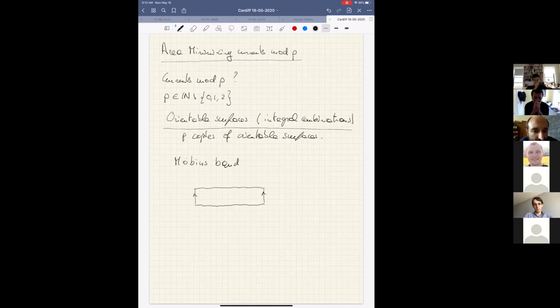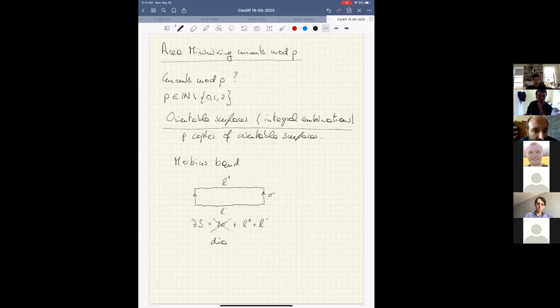So when I do that, I can give an orientation to my strip, and then the boundary of the surface is going to be twice this segment here, plus something else, which is going to be the union of this line and this line. And then mod 2, I'm just thinking that this boundary does not exist.